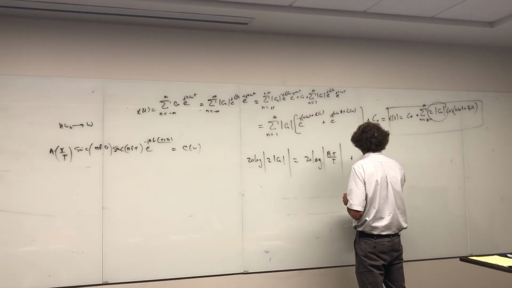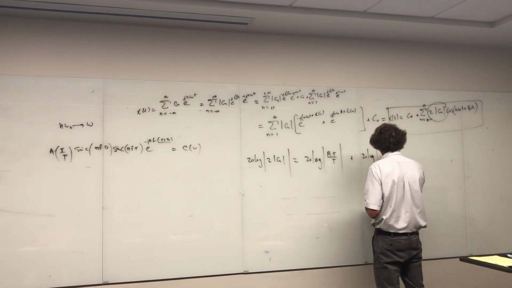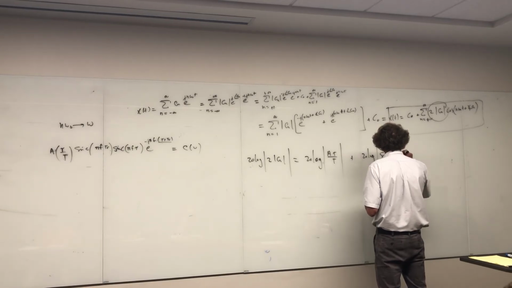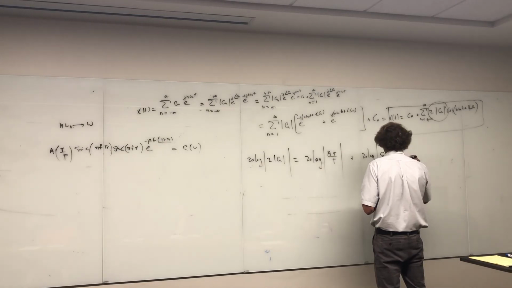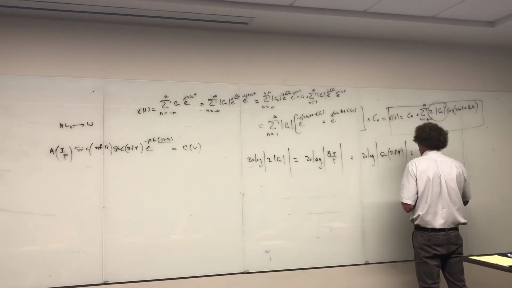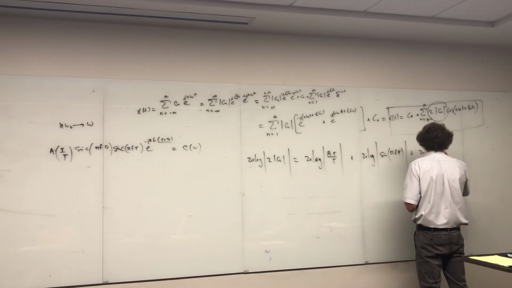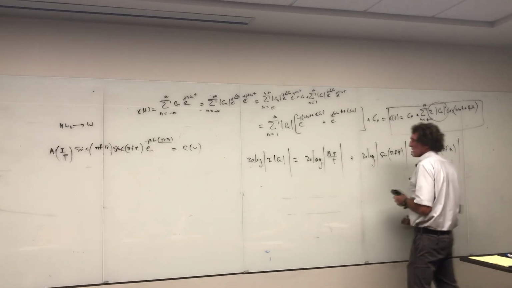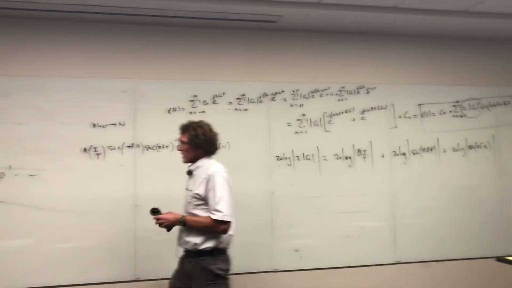Then it's plus 20 times the log here of the magnitude of sine, and this is going to be pi f times tau, or tau rise. It doesn't matter. I'll put tau first in this case. Then it's going to be plus 20 times the log here of the magnitude of the sine of pi f tau rise. All right? That's what goes up here.